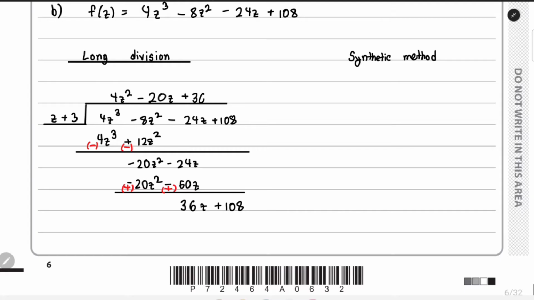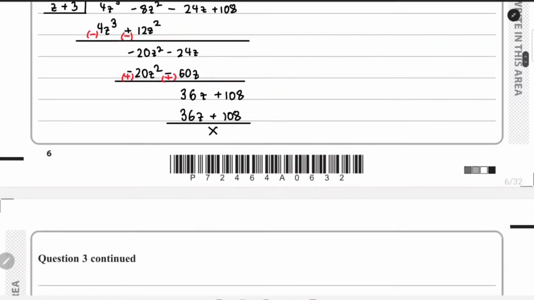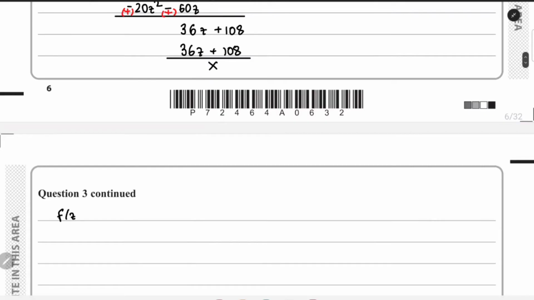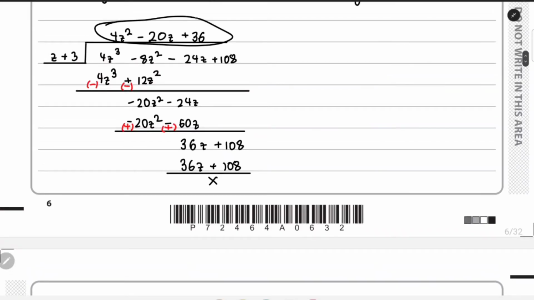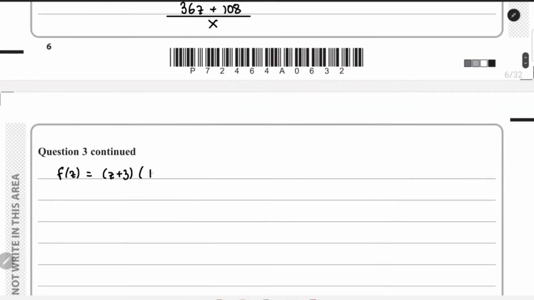I'll add 36 over here, I'll get 36z, and 3 times 36 is 108, so 36z plus 108, the remainder is 0. So we can write f of z as z plus 3 multiplied by the equation over here, which is 4z square minus 20z plus 36.